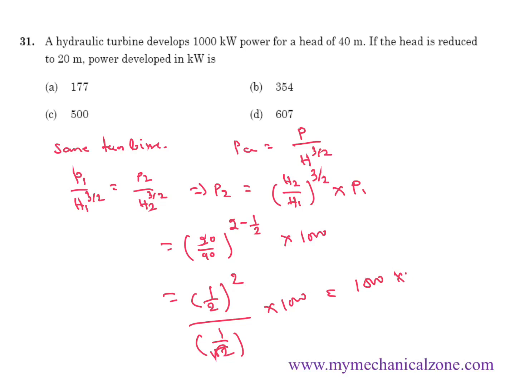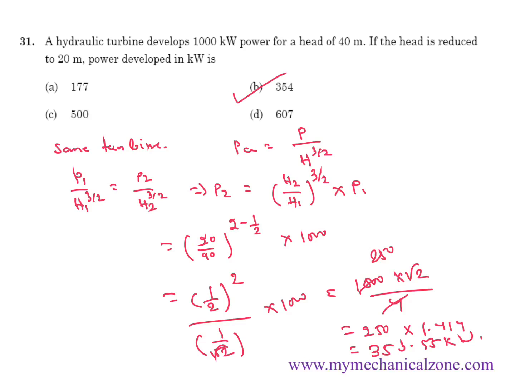That is 1000 into root 2 by 2 square, which is 4, so 250 root 2, 250 into 1.414. If you solve this, you will get 353.55 kilowatt. B is your correct answer.